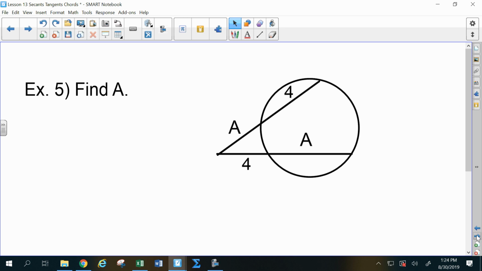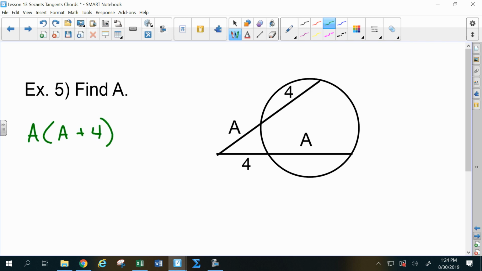Okay, this time they cross outside, so it is going to be outside times the whole thing. So there's my top one. Equals outside times the whole thing. So there's the bottom one. Now, we have to be careful on this. Can you always divide by things that have variables in them? No. What do you have to watch out for?